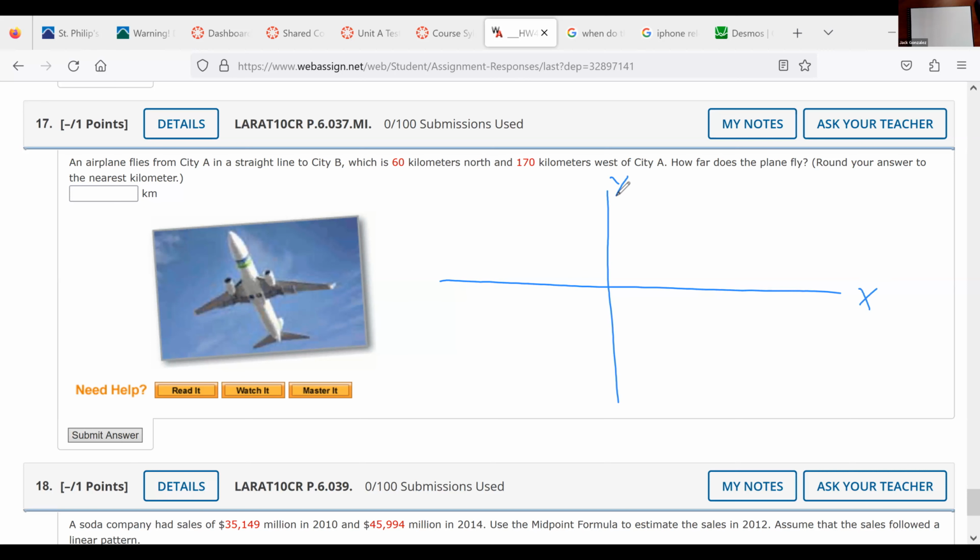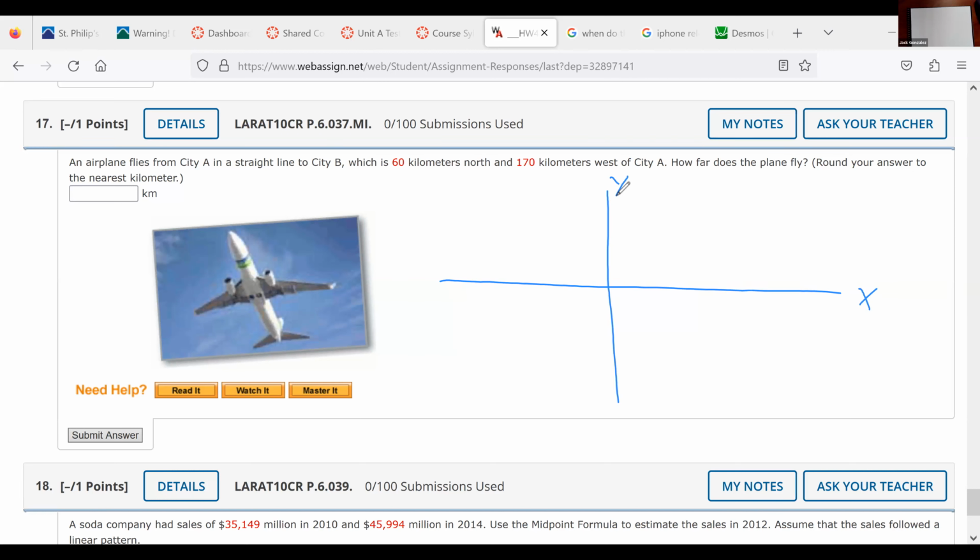So an airplane flies in a straight line from A to B. How far does the plane travel? Man, such a strange way to put it, but okay.